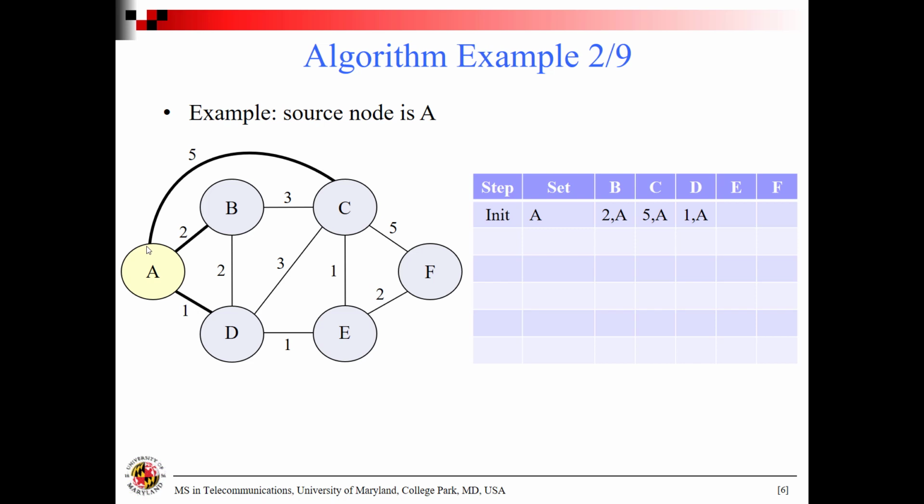So you could see those edges which lead to the neighboring nodes of node A highlighted with the thicker lines.